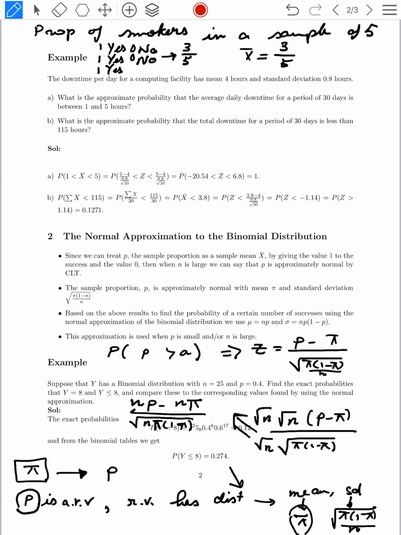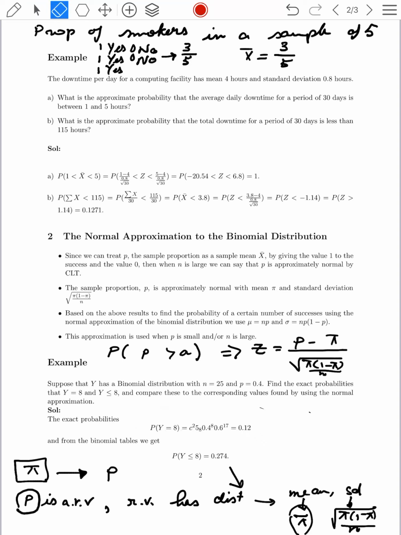So this will give you the z-score for the number of successes, because we know that nP is the number of successes. And the way to standardize this is by subtracting n pi and dividing by the square root of n pi (1 minus pi). And this is how we use the normal approximation to the binomial distribution.